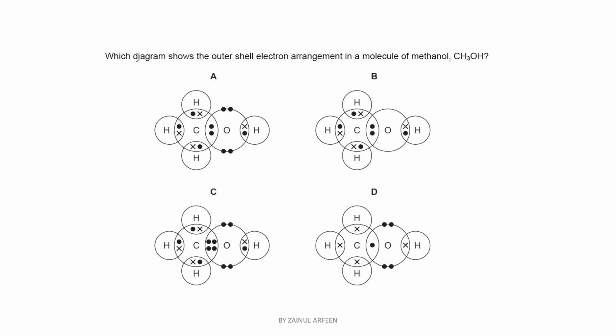In the question, which diagram shows the outer shell arrangement in a molecule of methanol? So how will you work it out? Simply you will check carbon belongs to group 4.